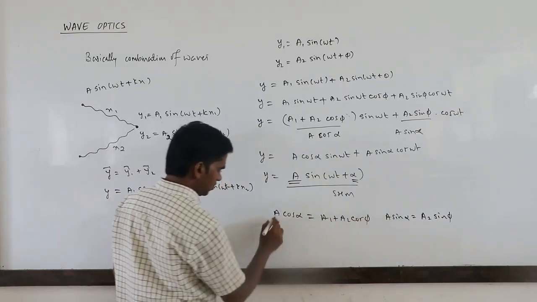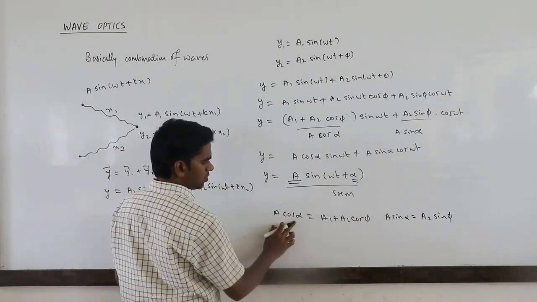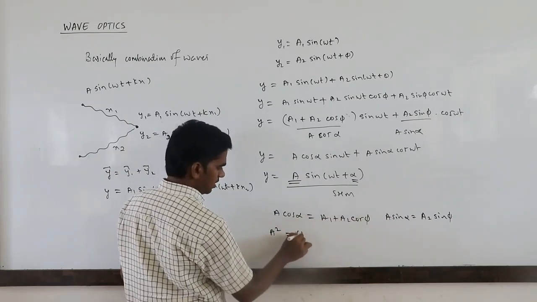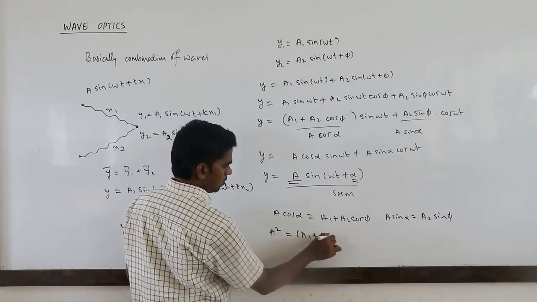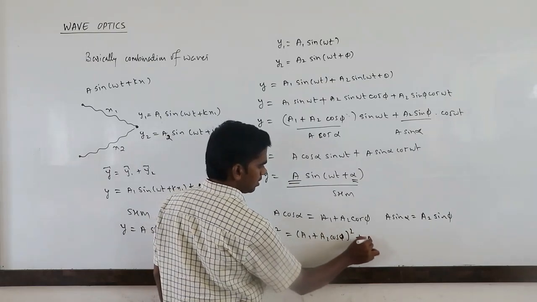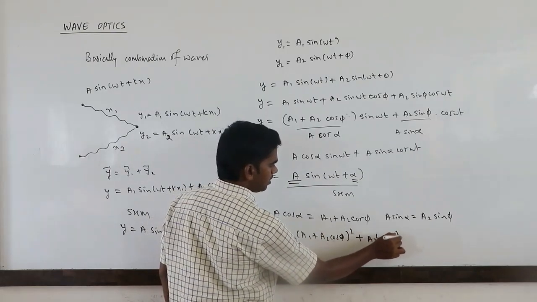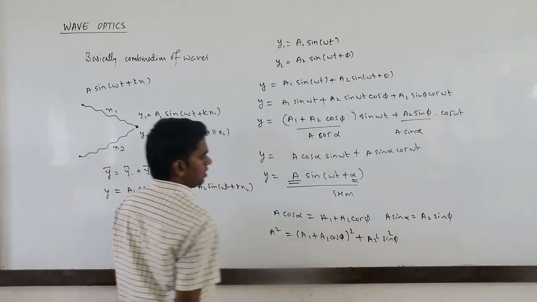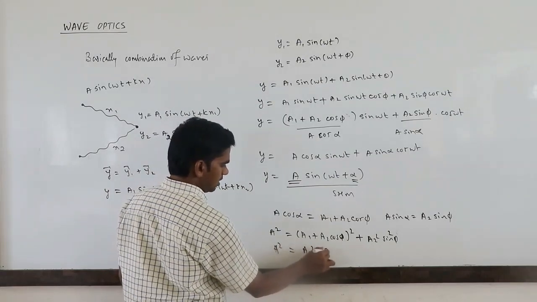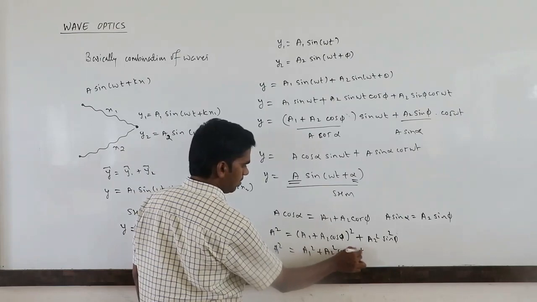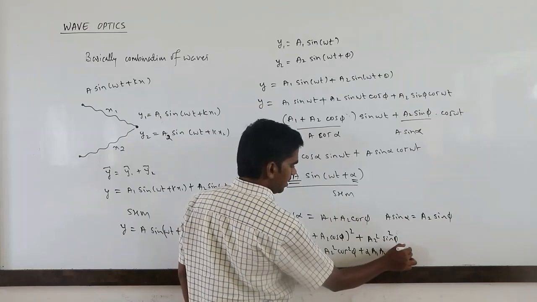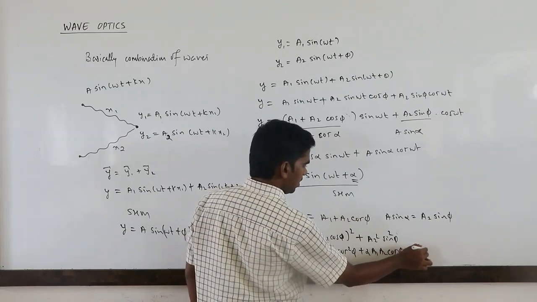A square (cos square alpha plus sin square alpha), which is 1, equals (a1 plus a2 cos pi) whole square plus a2 square sin square pi. So A square equals a1 square plus a2 square cos square pi plus 2 a1 a2 cos pi plus a2 square sin square pi.